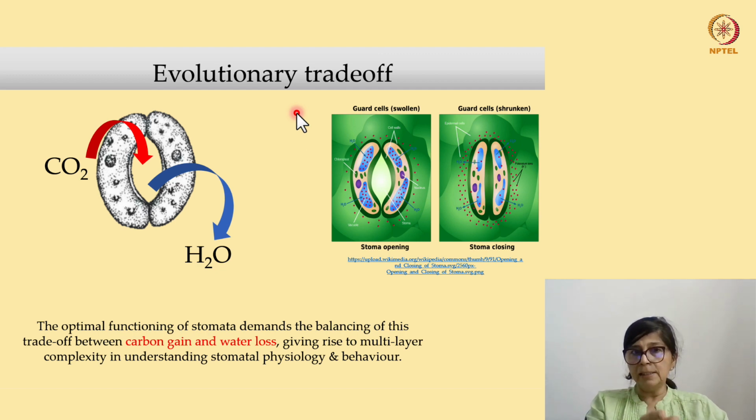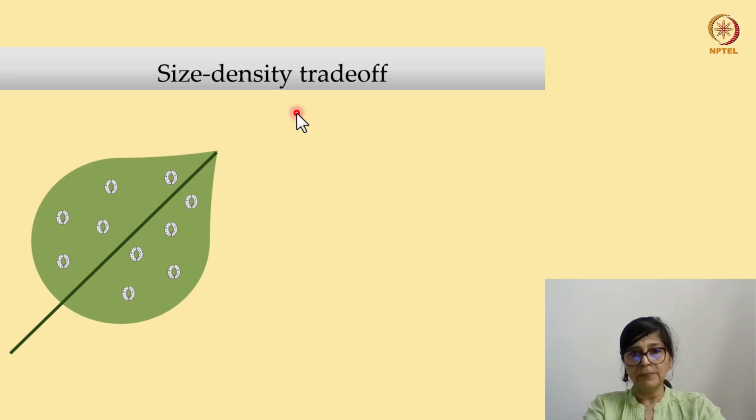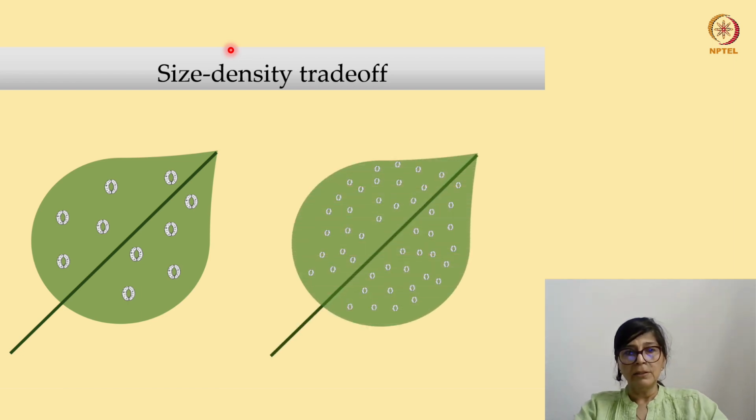So in contrast to this kind of big stomata, stomata size became very, very small. This is one pattern of stomata: small, many stomata, whereas larger, only a few stomata. This is called the size density trade-off. Now why am I saying plants adjust?